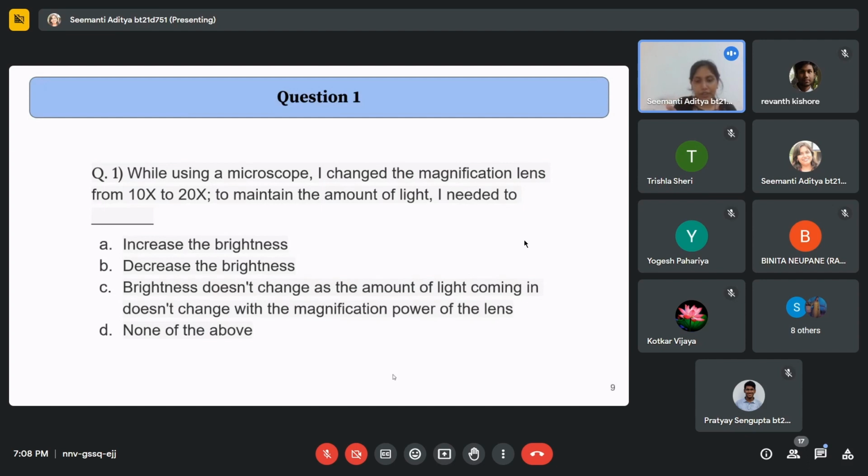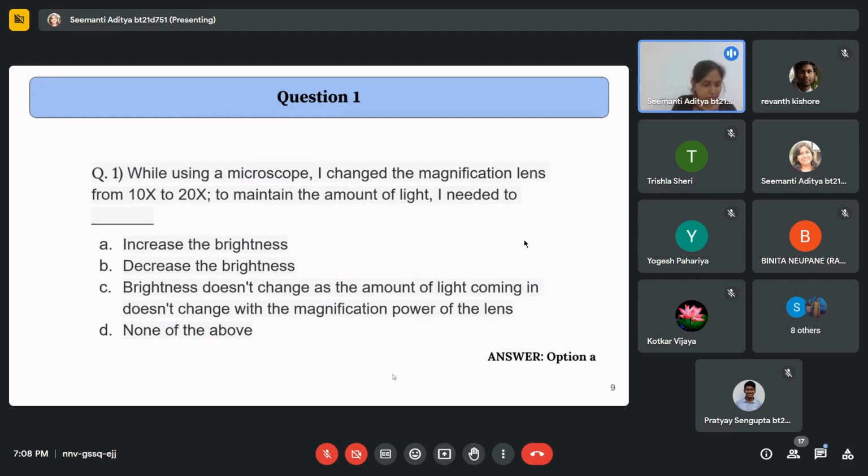So for the alpha that we are talking about, n sine alpha, if that lens is becoming thinner, then in order to get more light into the cells, we have to increase the brightness of the microscope, not decrease it, because we are moving the magnification from lower to higher. More magnification means a thinner lens, so more light is required to enter the cells. So we have to increase the brightness.